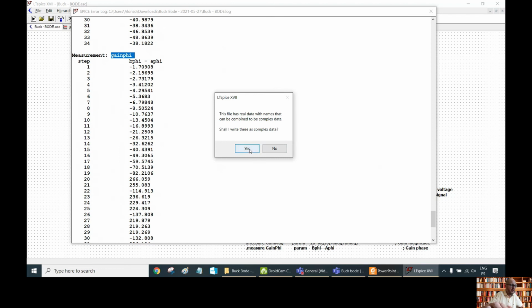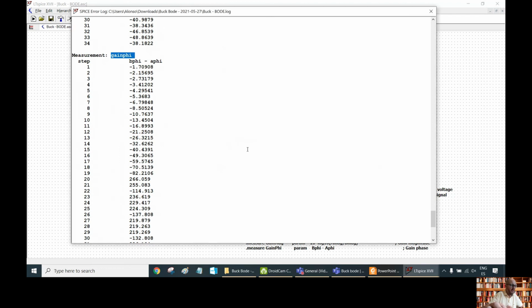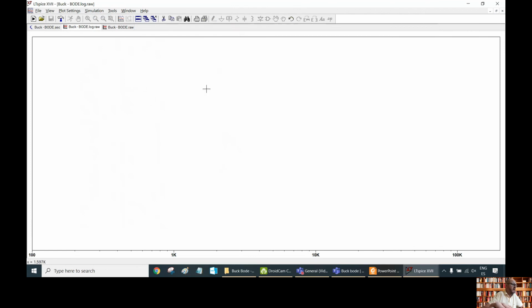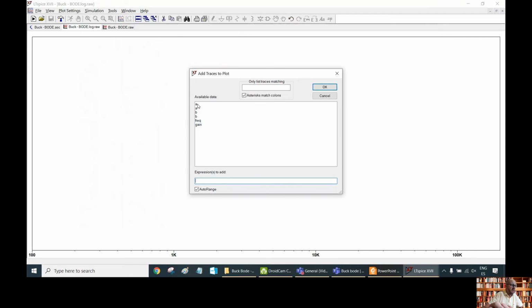In this case we answer yes here. Then we can select here with right click, add traces, and then select the different elements, but in this case we are interested in the gain, and with this we are going to obtain both the gain amplitude and also the gain phase.